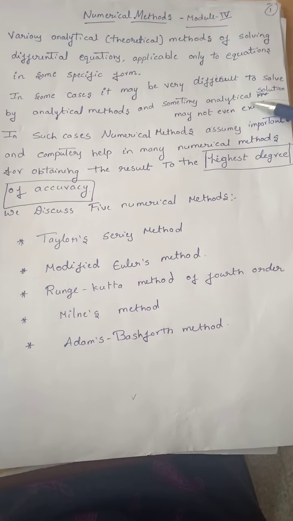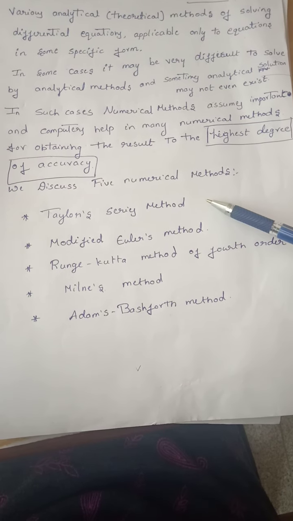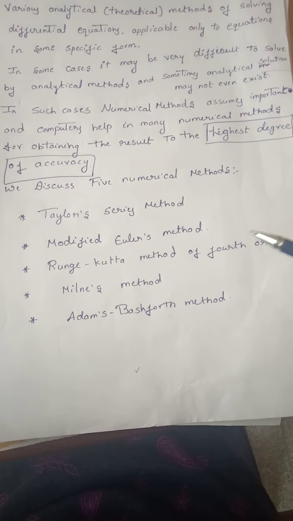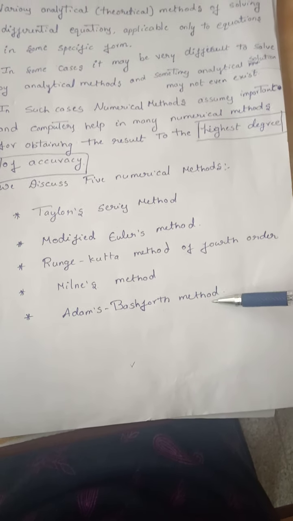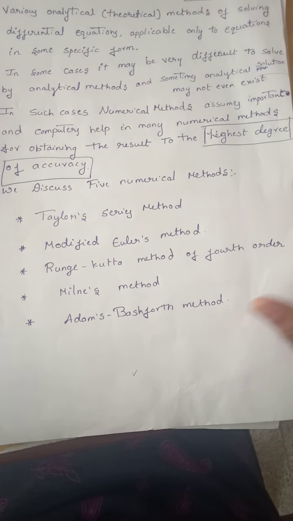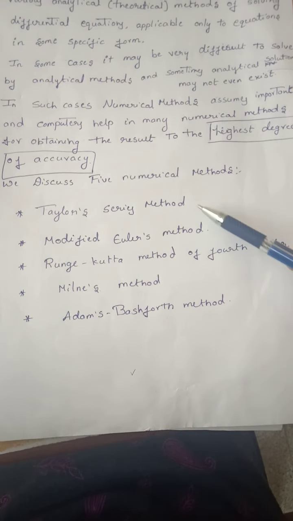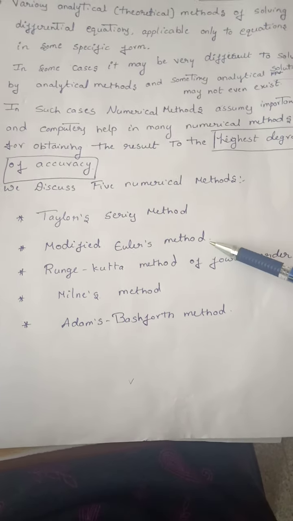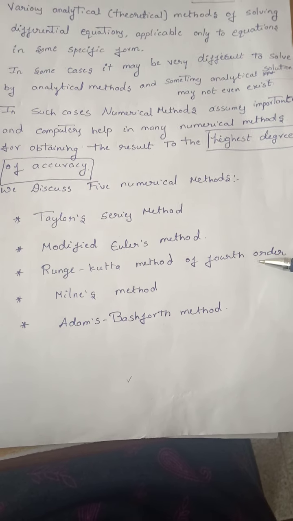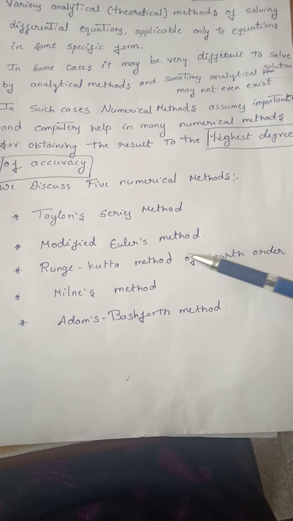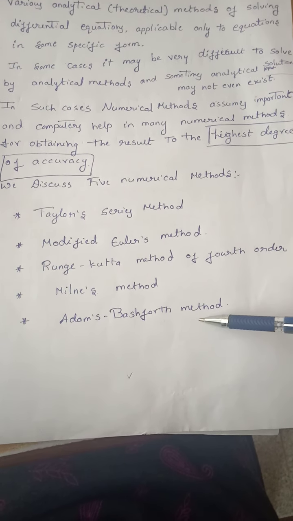In this module we discuss five methods derived by different mathematicians to solve the ordinary differential equation. The first is the Taylor series method, then the modified Euler's method, the Runge-Kutta method of fourth order, Milne's method and the Adams-Bashforth method.